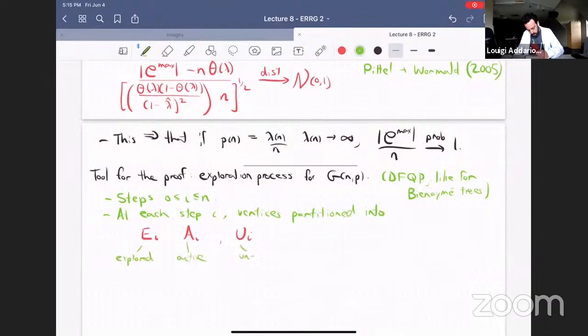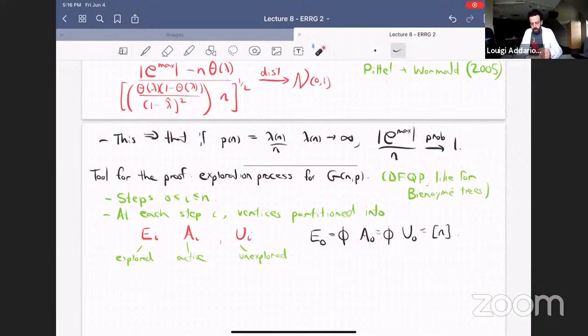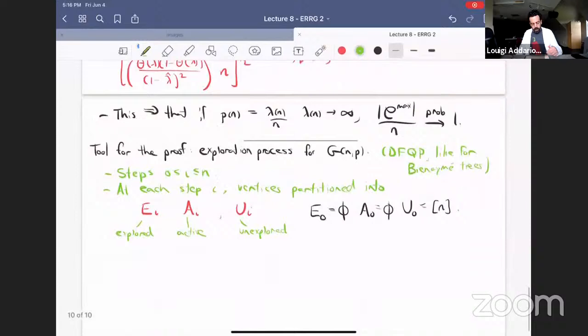The initialization is just that at time 0 we haven't explored anything, nothing is active, and everything is unexplored. We'll maintain throughout that this triple is always a partition of the vertex set.